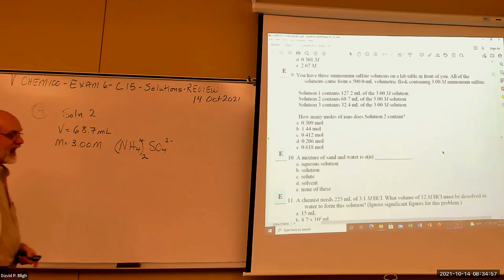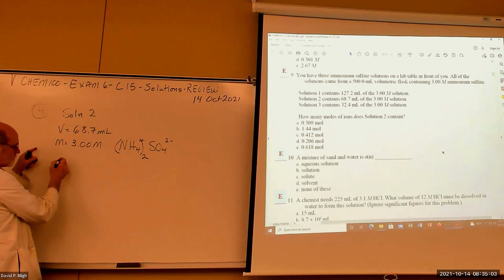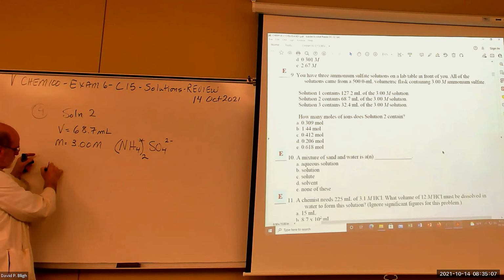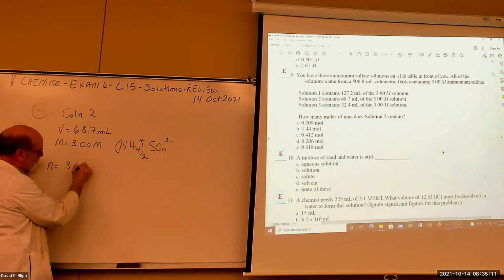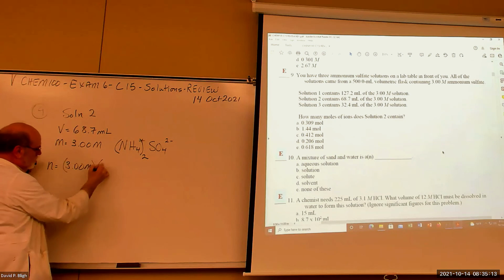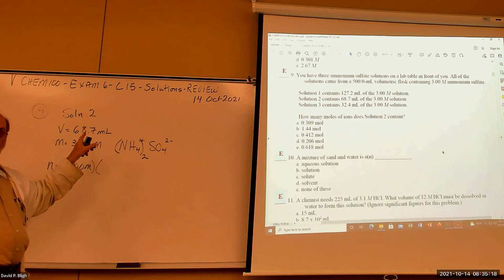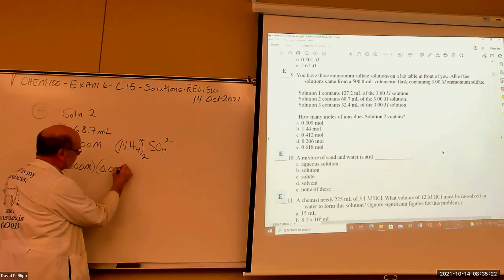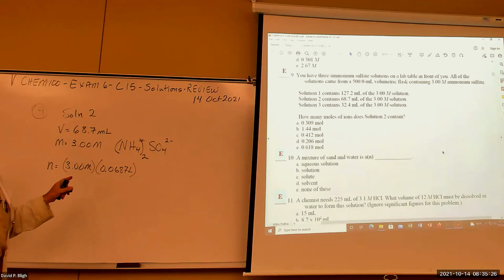The question is, how many moles of ions are contained? Right? So we've got molarity times volume is moles. So we have 3 molar times milliliters. No, liters. We need liters. 0.0687 liters will give us moles.